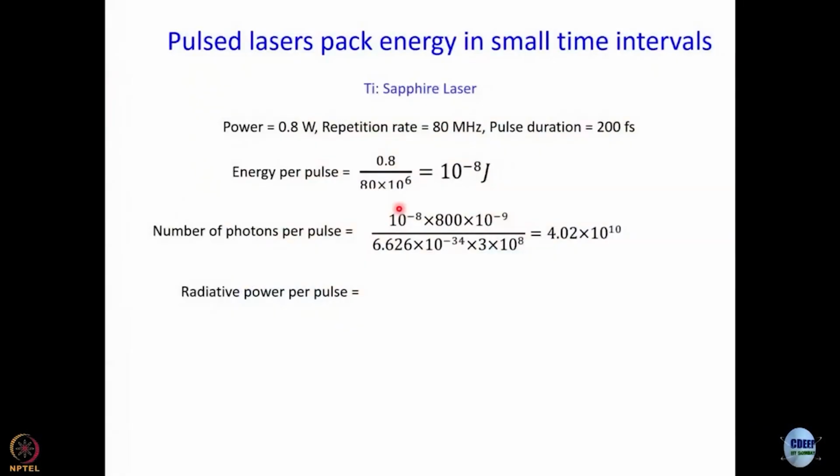Now, if you consider that time for which the light is on and leave out the dark period, then what is the power that you get per pulse? Can we do that? Radiative power per pulse. Energy per pulse is 10 to the power minus 8 and time for a pulse we are saying 200 femtoseconds, it is very easy. 5 into 10 to the power 4 watt, right? So, that is very high, is it not?